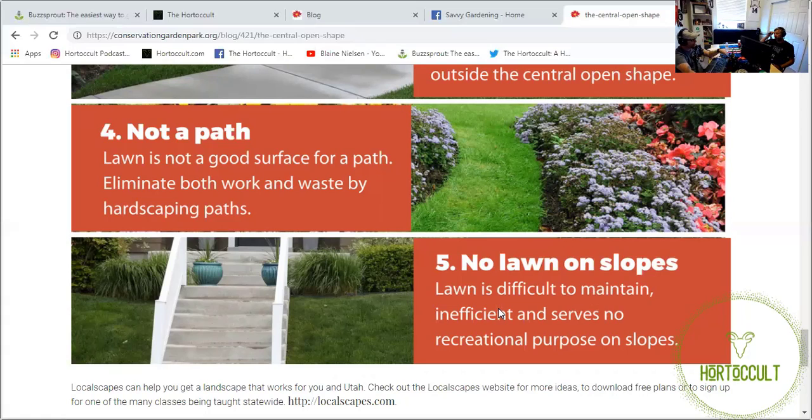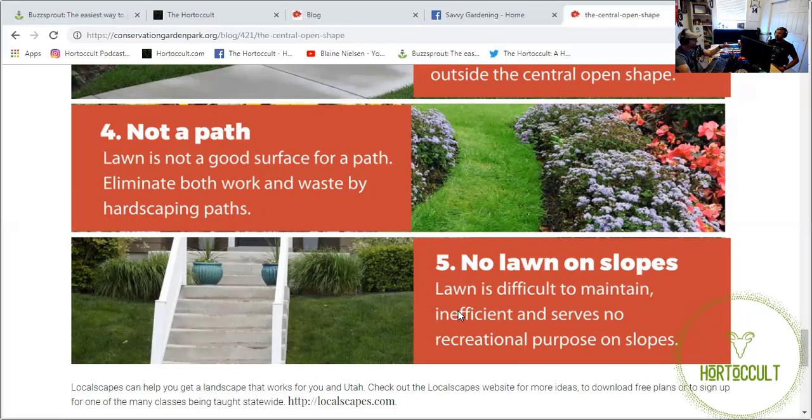Yeah. And then what use is this? Like a slope. You can't use it for anything. It does look nice, but you can't use it. And so that's what these 5 rules are about: use, and then saving water. One thing that I remember Cynthia saying was, if you can put a lawn chair on it and sit on it, then that's okay.